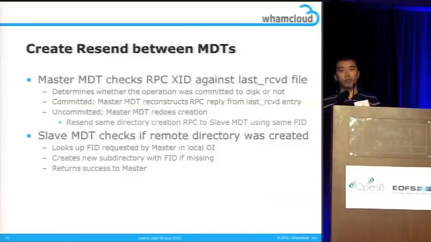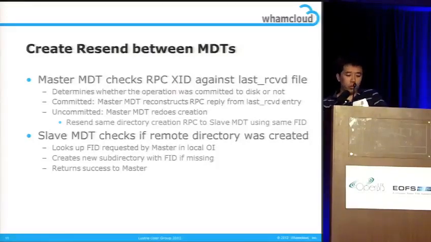But you still need to care about resend. If the master MDT fails during this process, the client will resend the request to the master MDT. The master MDT will check the XID in the RPC and compare it with the last received one, to know whether the operation has been done or not.